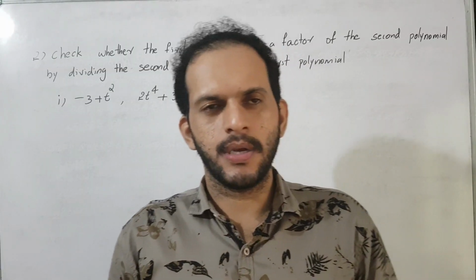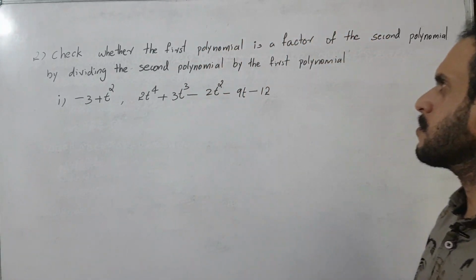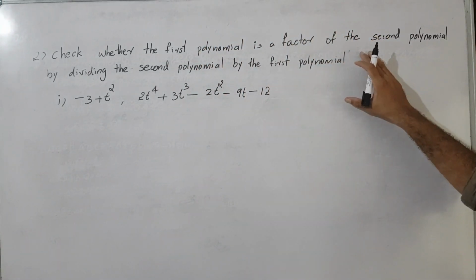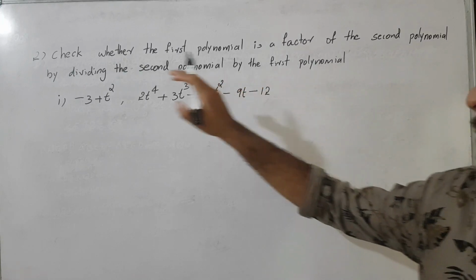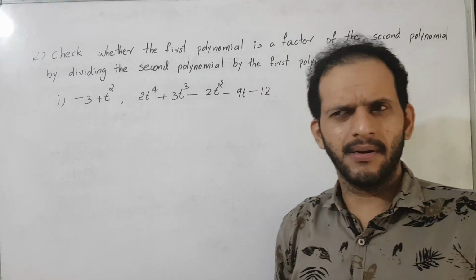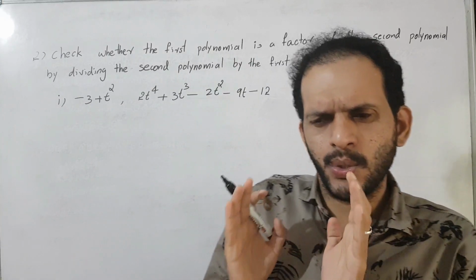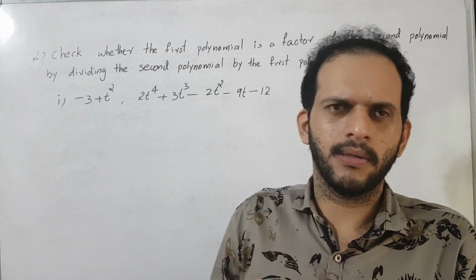We go to our second question. The question is like this: check whether the first polynomial is a factor of the second polynomial by dividing the second polynomial by the first polynomial. Okay, here is the only difference. The first question asks to find the quotient and remainder.